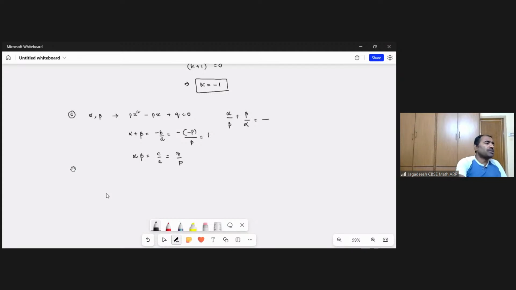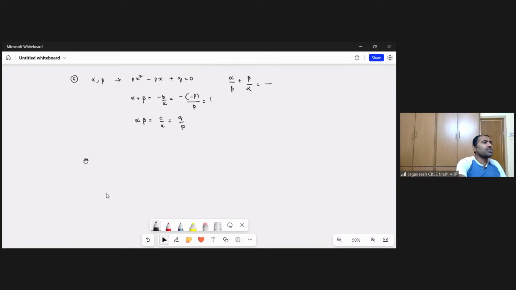Okay. Now, by using these two values, we want to find alpha by beta plus beta by alpha. After taking LCM, you get alpha square plus beta square by alpha beta.